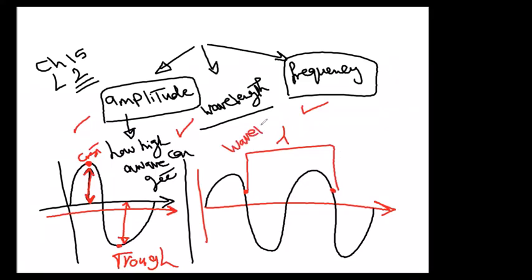So if I said this point, this would be the next same point. The distance is called wavelength. Some people call it lambda.